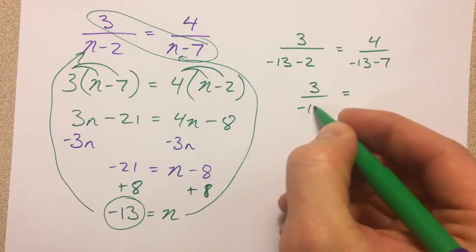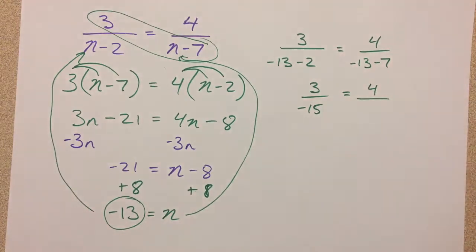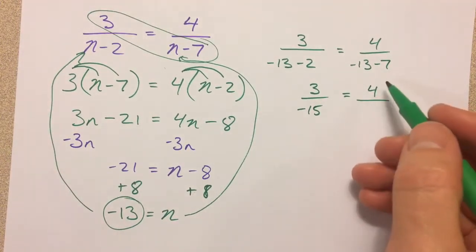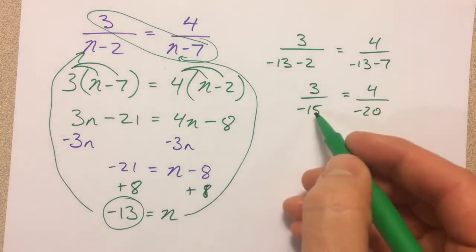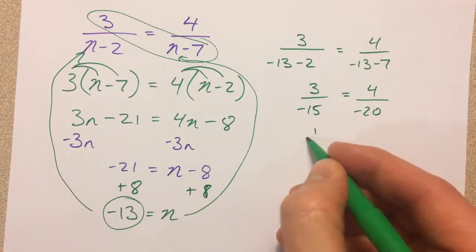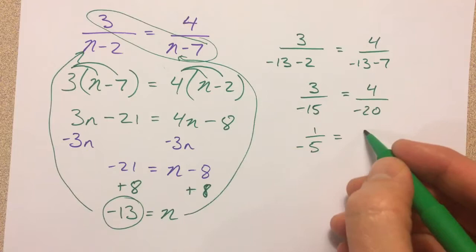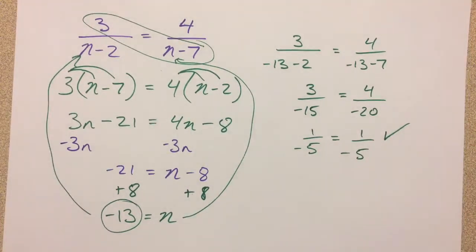So this is negative 15, and then 4 divided by negative 20. So this, if I divide top and bottom by 3, I get 1/5 with the negative, and I divide top and bottom by 4, and I get 1/5 with the negative. And so both of those work out.